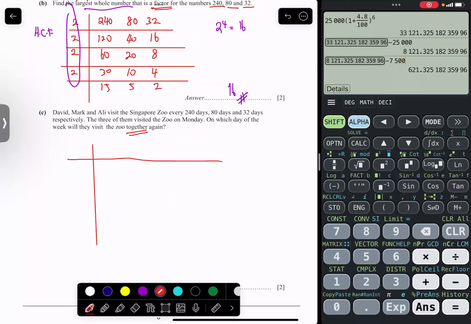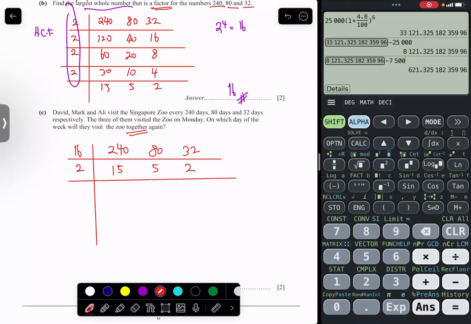Firstly, this is finding the LCM, and we can employ the same trick as well. Since we already know there's a factor of 16, we get 15, 5, and 2. So basically we continue from the HCF, and continue to divide by 2. 15 cannot divide, 5 cannot divide, so only the 2 can divide, which is fine.